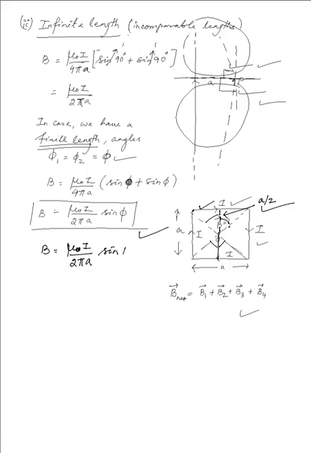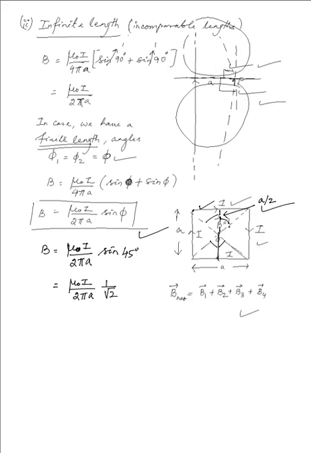So this is sine 45 degrees, and that gives me mu naught I divided by 2 pi a, times 1 by root 2, that is the value of sine of 45 degrees. And that's not all, we have to obtain it for all the sides.